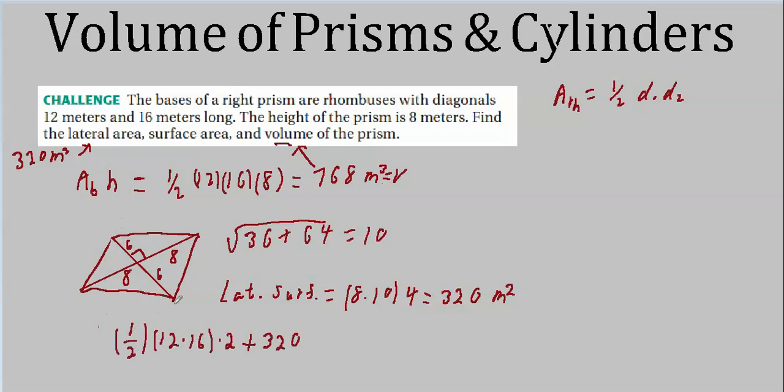So for the total, we can write it out this way. We've got the area for the rhombus times 2, because there are 2 of them, plus the 320, because we've already worked out this part, the lateral area. So these 2's will cancel, you get 12 times 16 plus 320.